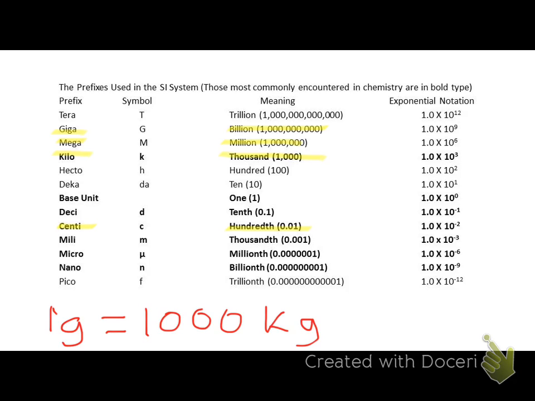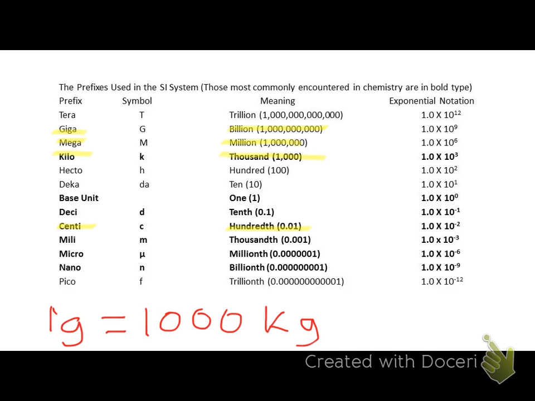Milli. A milli is 1/1,000th. So in order to have a meter, it would require 1,000 millimeters to equal 1 meter. The same thing with mass: it would take 1,000 milligrams to equal 1 gram.